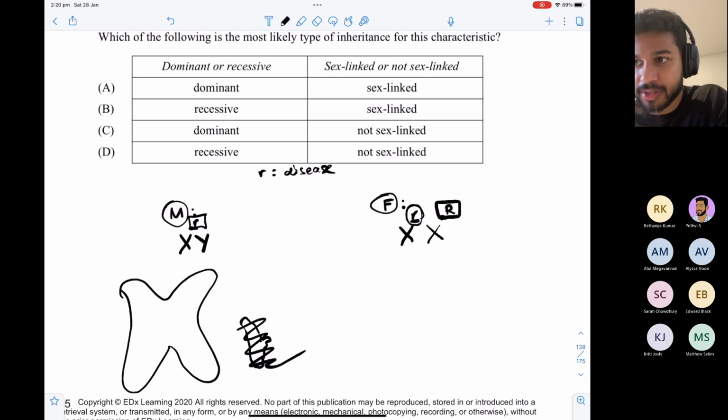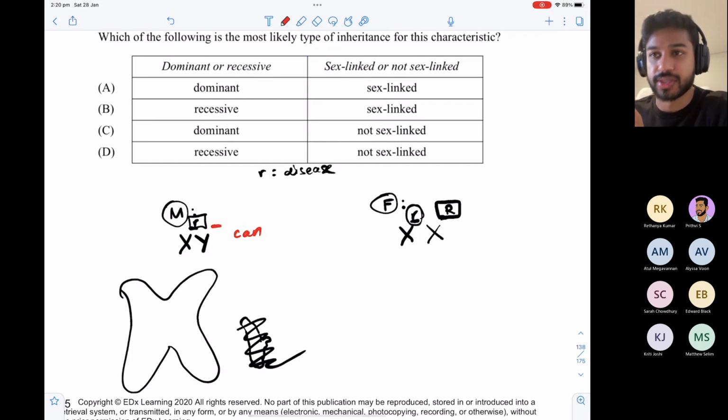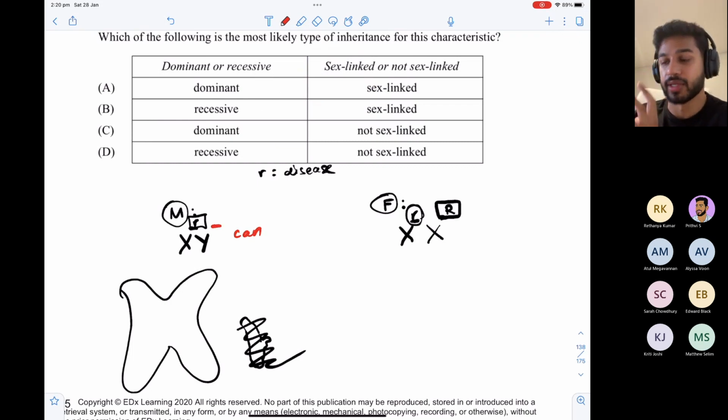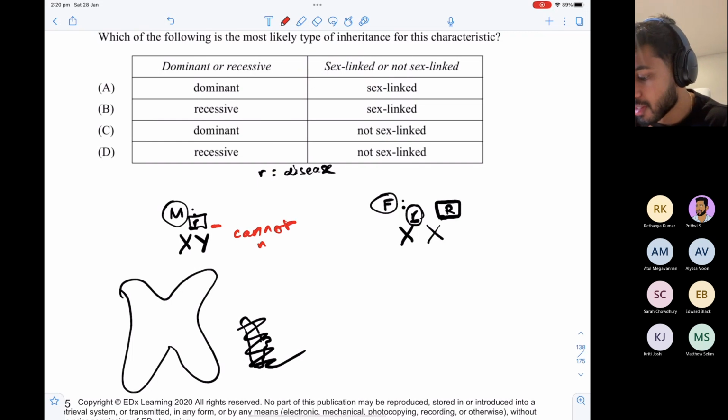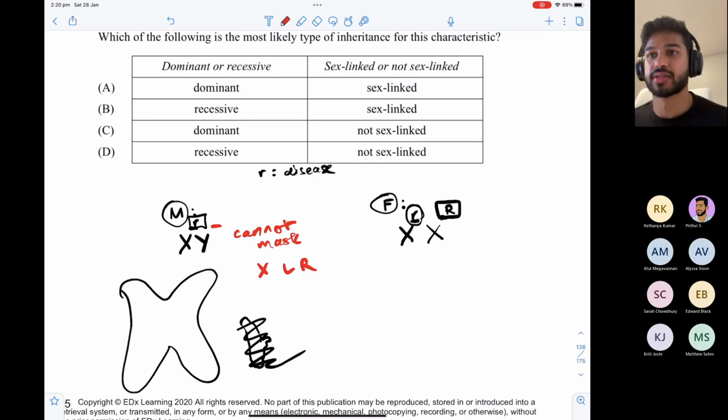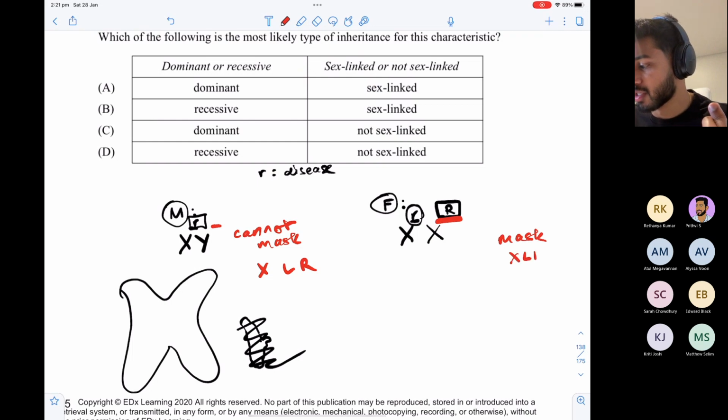And so the implication for this is since males cannot mask, aka they don't have another slot where they can inherit a healthy allele, they cannot mask X-linked recessive conditions, whereas females can. Since they have a second allele, they can inherit a healthy dominant allele and mask X-linked recessive conditions.